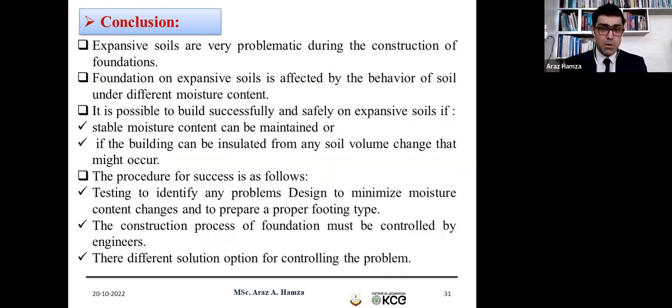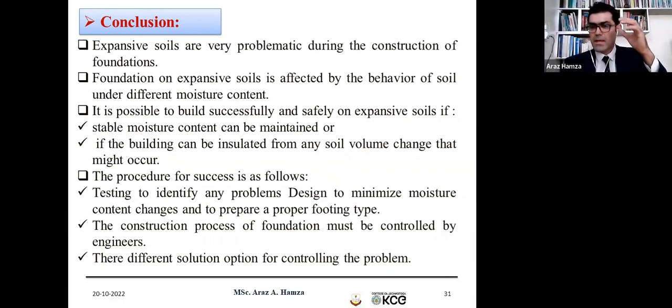Foundation on expansive soil is problematic. Again, we should repeat in your mind that all the problems of expansive soil come from moisture content.